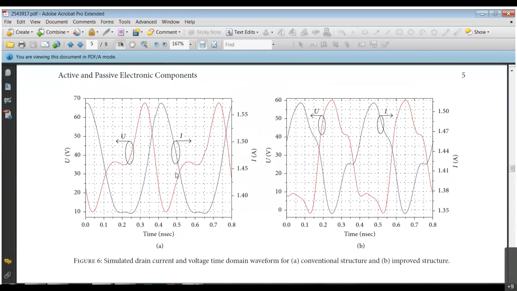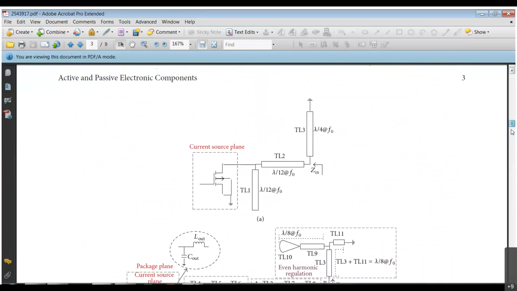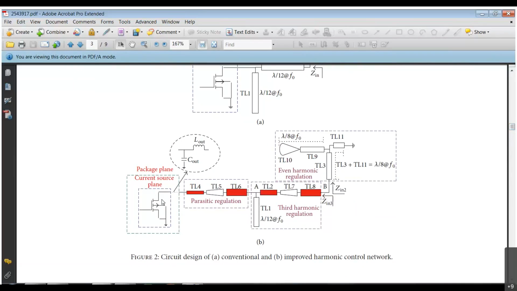So here also you can see that there are two waveforms, left hand side and right hand side. Left hand side was some of the initial result obtained by the authors, and right hand side is after optimization. So here is their class F circuit. Here is the transistor, and on the output side you have a big network of transmission lines to fulfill those impedance requirements.